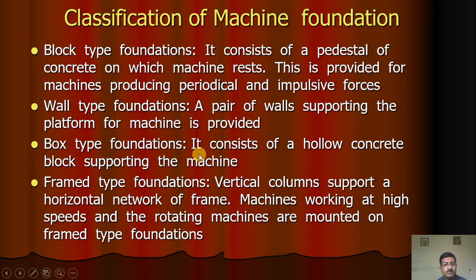Box type of foundation consists of a hollow concrete block supporting the machine. In the frame type of foundation, vertical columns support a horizontal network of frames. Machines working at high speeds and rotating machines are mounted on frame type foundations.